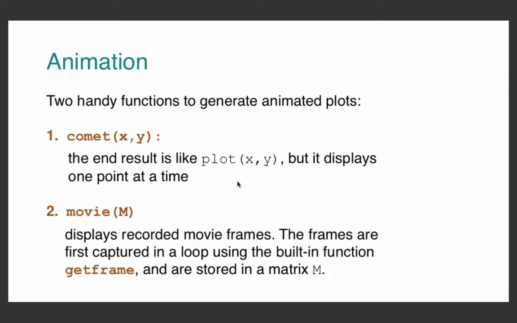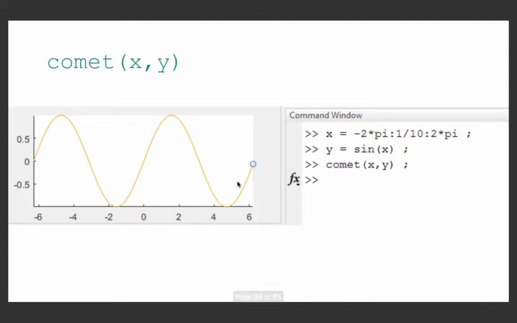Comet is a function to animate a standard plot, and movie is something you can use to record frames one by one and put them all into a movie. So we'll see some examples.